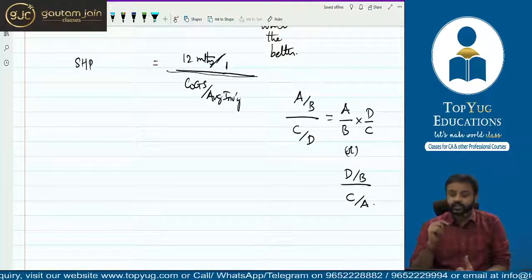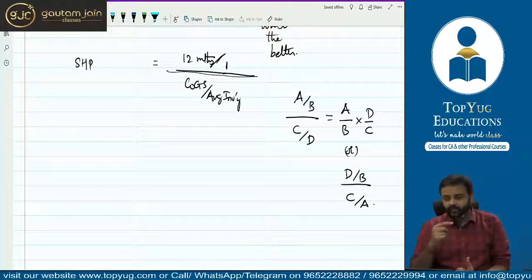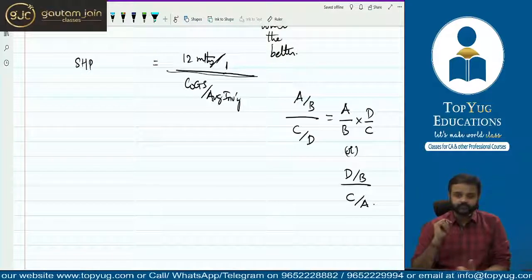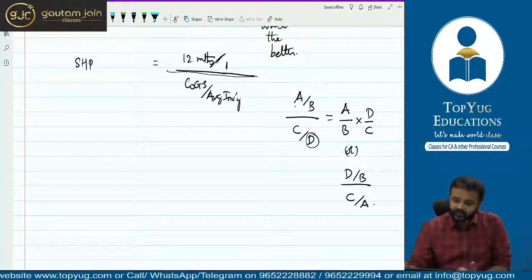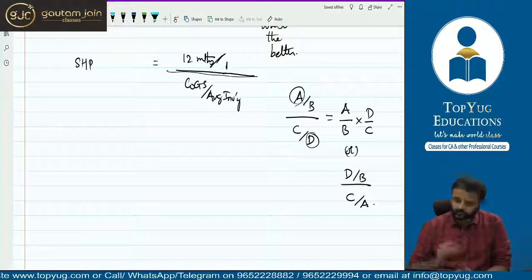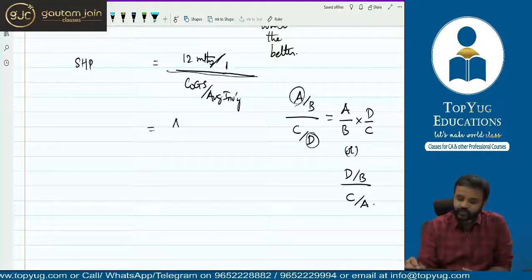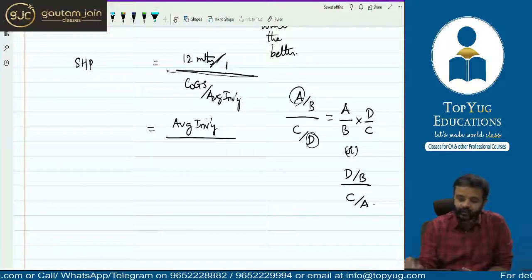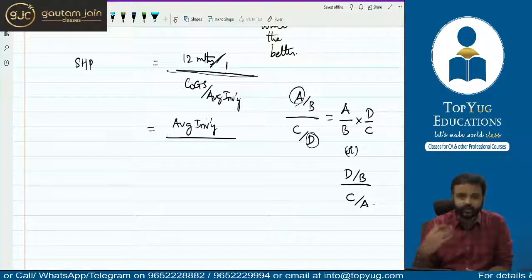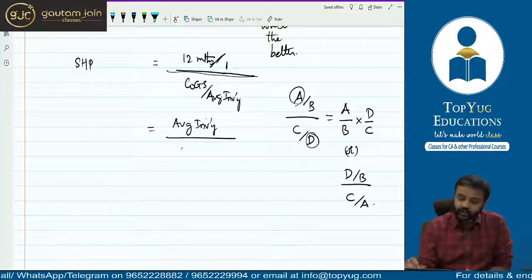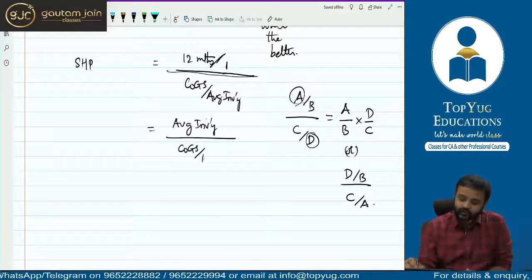Second possibility, D by B upon C by A. We have interchanged D and A. This can be done or not? Yes, sir. So that's what I am going to do now. In the numerator I am writing average inventory, upon 1 means average inventory only, divided by cost of goods sold by 12 months.